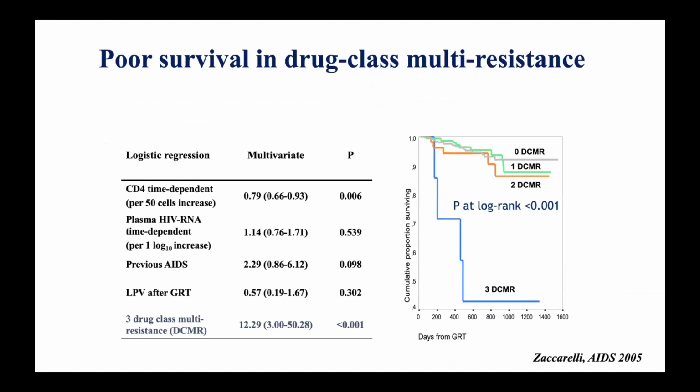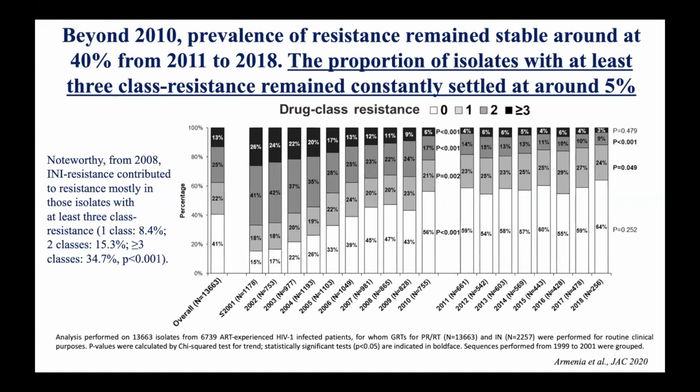Because we know, and for the sake of time I cannot show it, but in our study that we currently did in Italy, the patients that have multi-drug resistance are at high risk of death. At that time, of course, we didn't yet have the new drugs like darunavir, maraviroc, and particularly raltegravir, that was the first class that saved these patients. So multi-drug resistance is an issue when we have these patients.